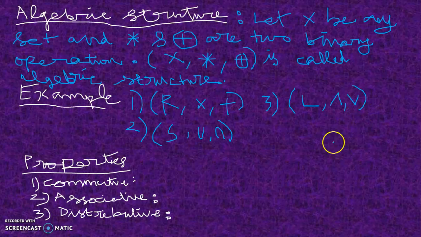Now this algebraic structure has some important properties. This algebraic structure, generally, has some properties like this. The first property is the commutative property, the second one is the associative property, and the third one is the distributive property.